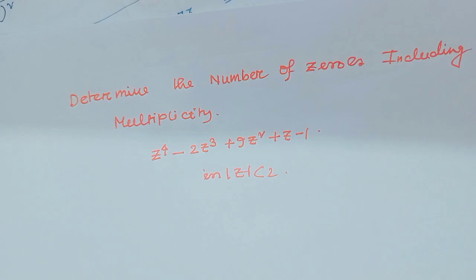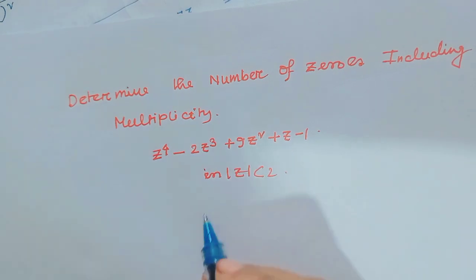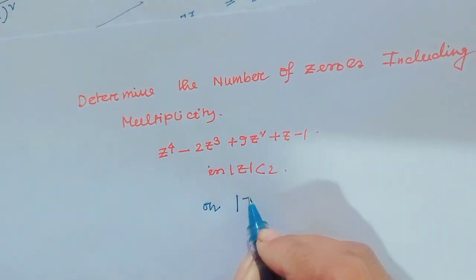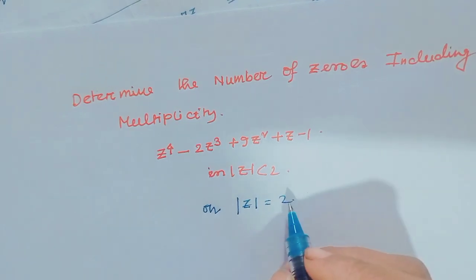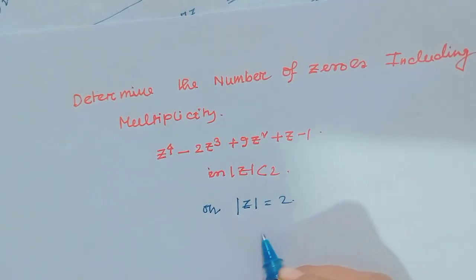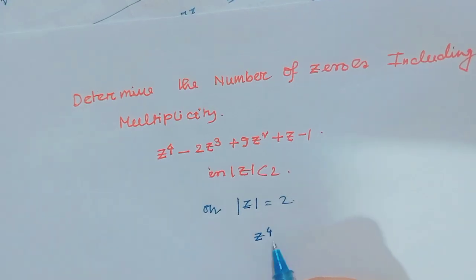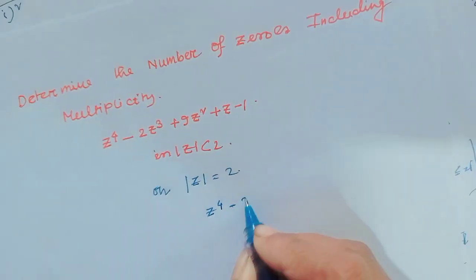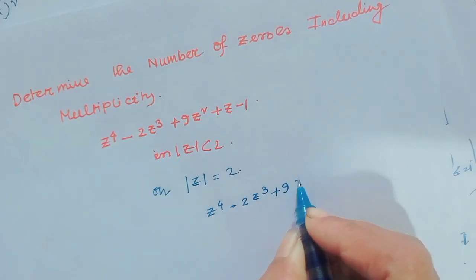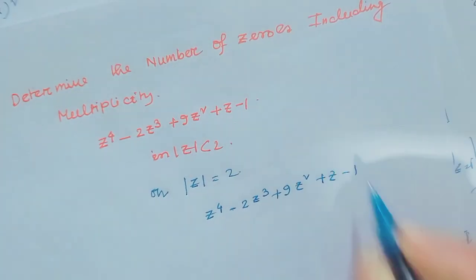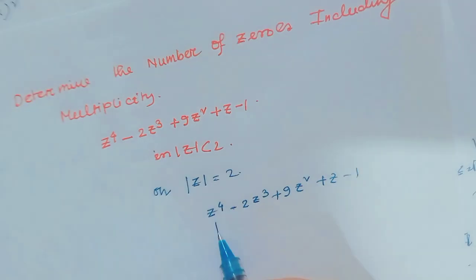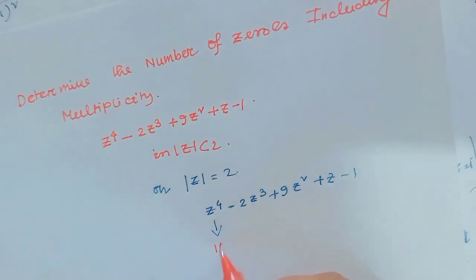Okay. Determine the number of zeros including the multiplicity of the polynomial z to the power 4 minus 2z cube plus 9z square plus z minus 1 in mod z less than 2. On the contour mod z equal to 2, here z to the power 4, this value would be 16.